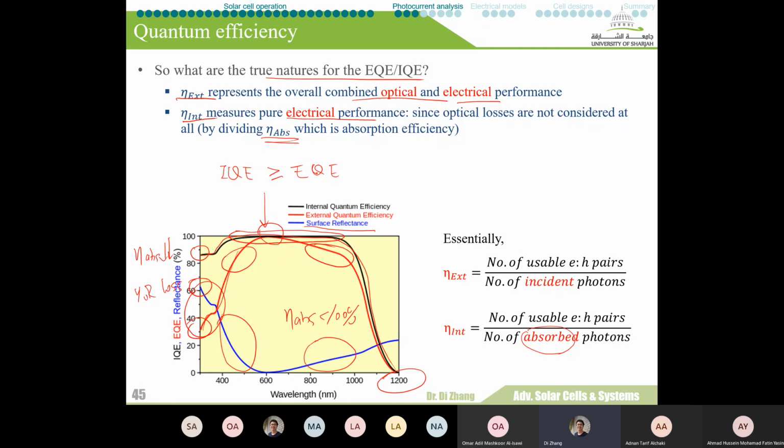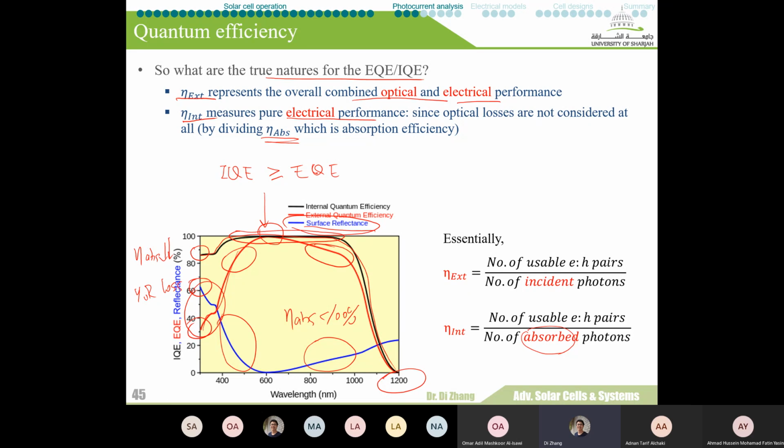At the same time, you can combine the quantum efficiency with the optical measurement. Optically, you can measure the reflection. You can measure the transmission from your solar cell. And from there, you can calculate the absorption. From there, you can see that if I need to increase my solar cell performance or my solar cell absorption, which wavelengths should we focus more on?